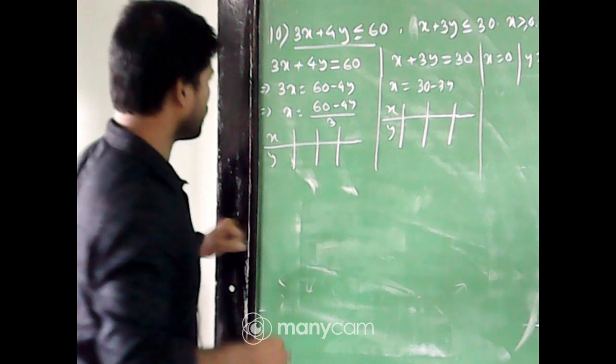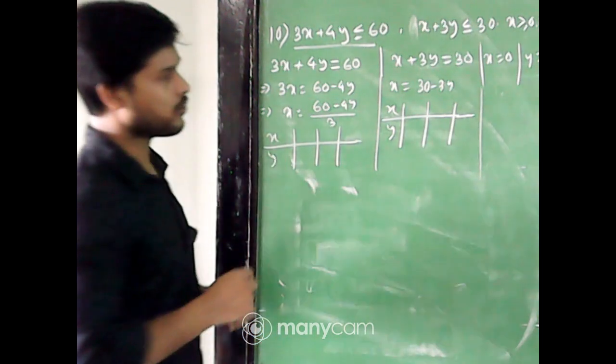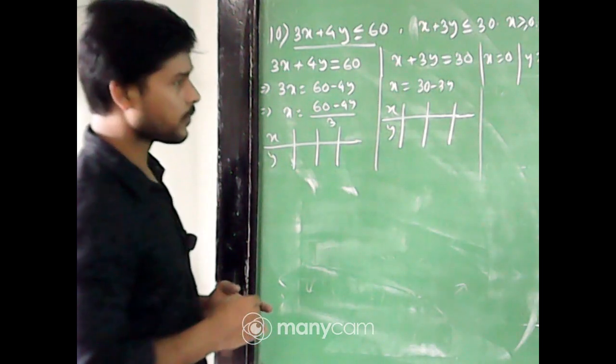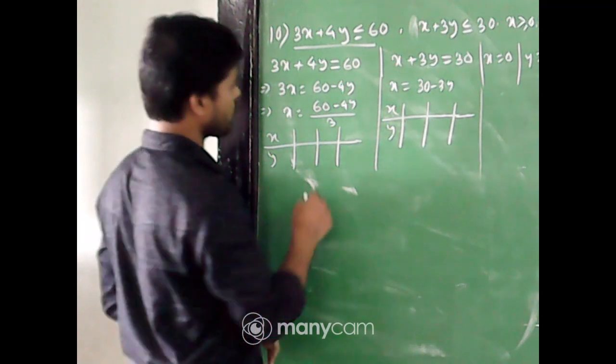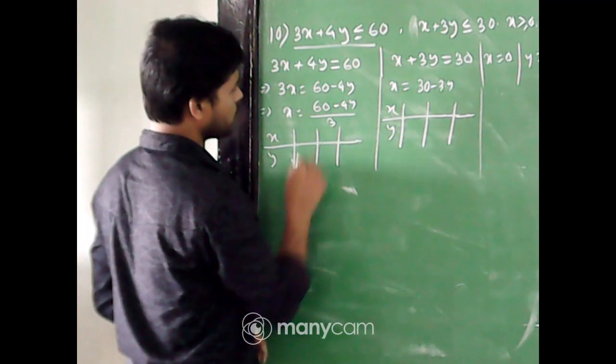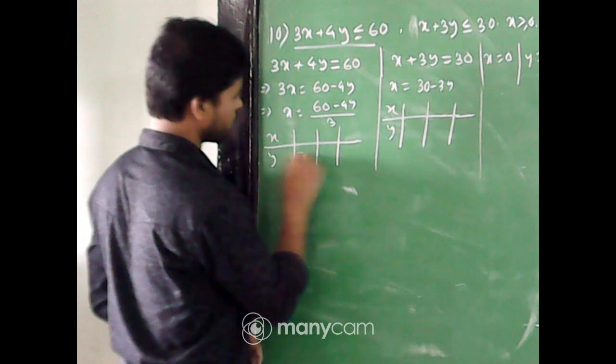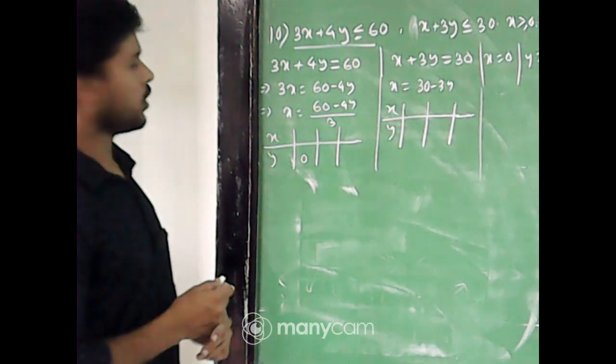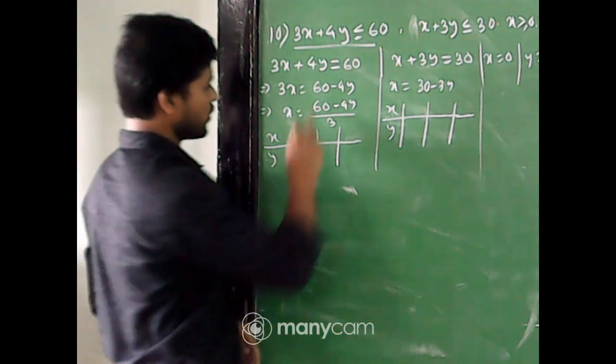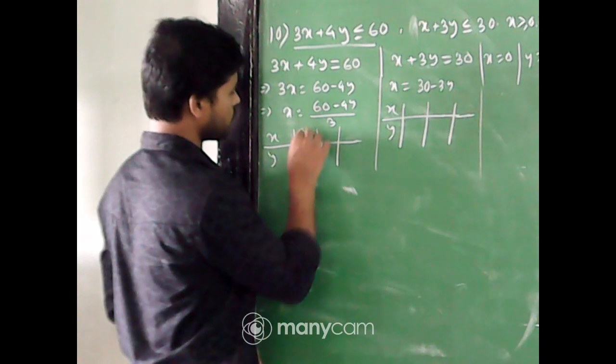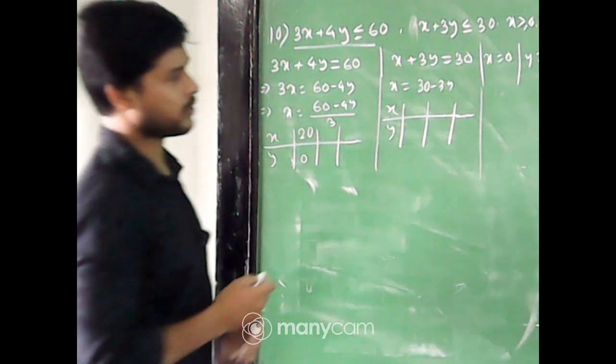Okay, so now we have to find the solutions. First we are putting y equal to, suppose, 0. Then the value of x will be 60 by 3, that means 20.